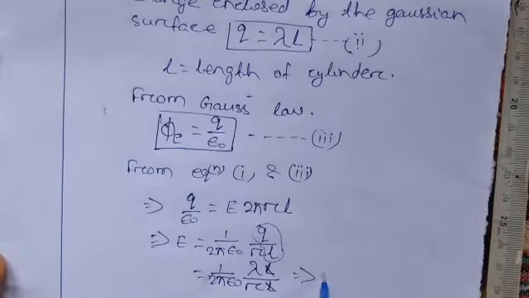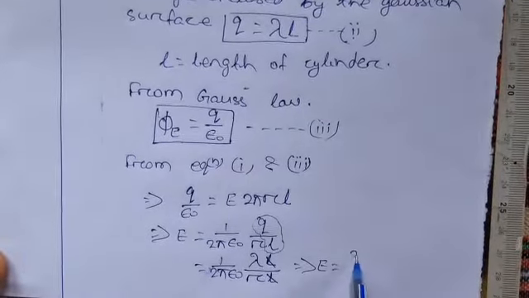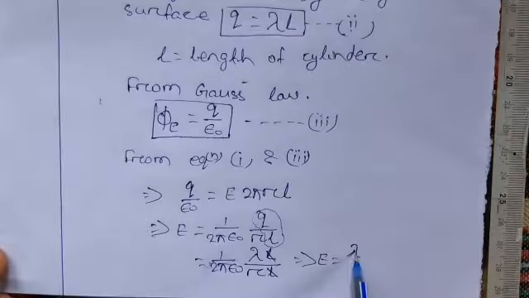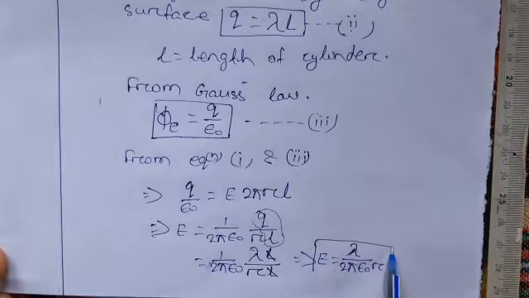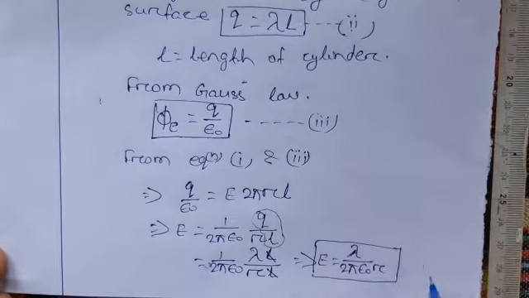That implies I can write E equal to lambda by 2 pi epsilon naught R. This can be written as equation 4.